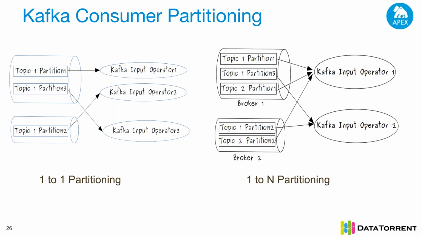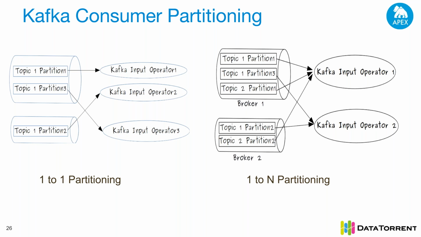So now we'll go through a few examples. This is what I was discussing in terms of the Kafka input operator. We support two types of partition strategy right now: one-to-one partitioning, and one-to-n partitioning. In one-to-one partitioning, when you add a new partition to Kafka, the Kafka input operator automatically creates a new partition in Apex.